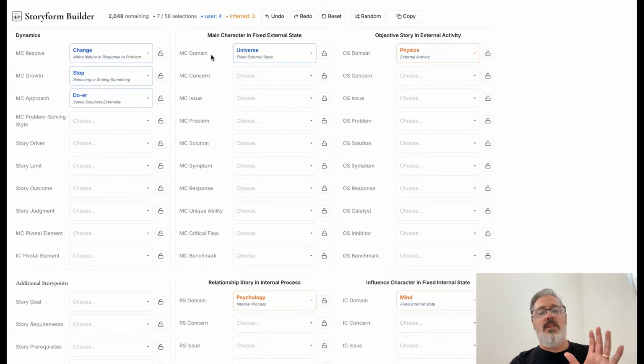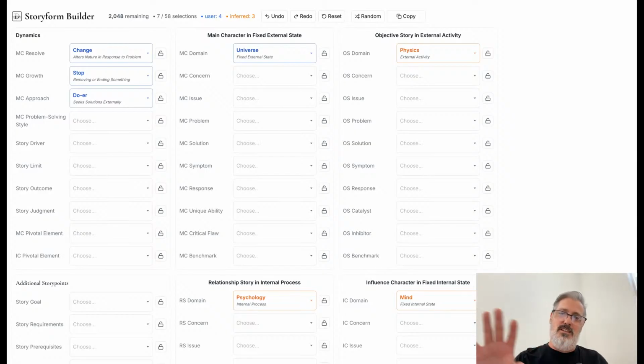So now, in order to have a thematically consistent narrative, you would want both main character and objective story to be external, because now it's really confusing. So you have to stop being external and move out into the internal. Just get rid of that so we can see what the difference is.